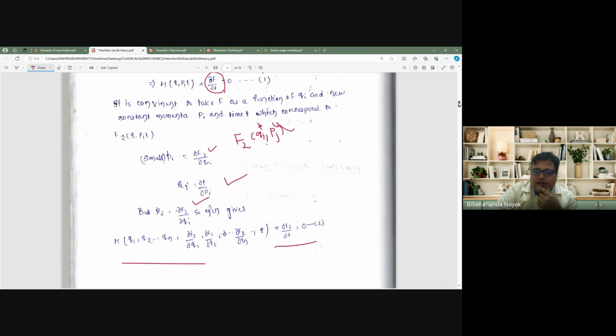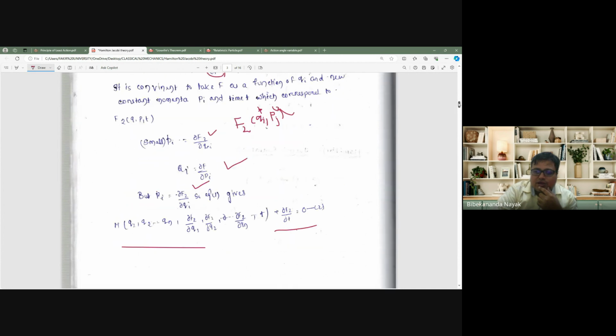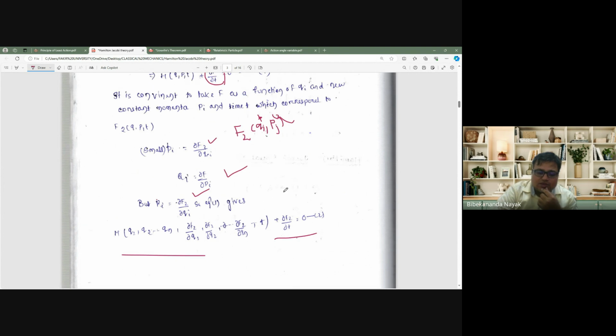And H is a function of q and p. We know the Hamiltonian is a function of q and p, so small q runs from q1 to qn, and in place of small p, I can write del F2 by del qi, as a function of q1, q2, ..., qn, t.